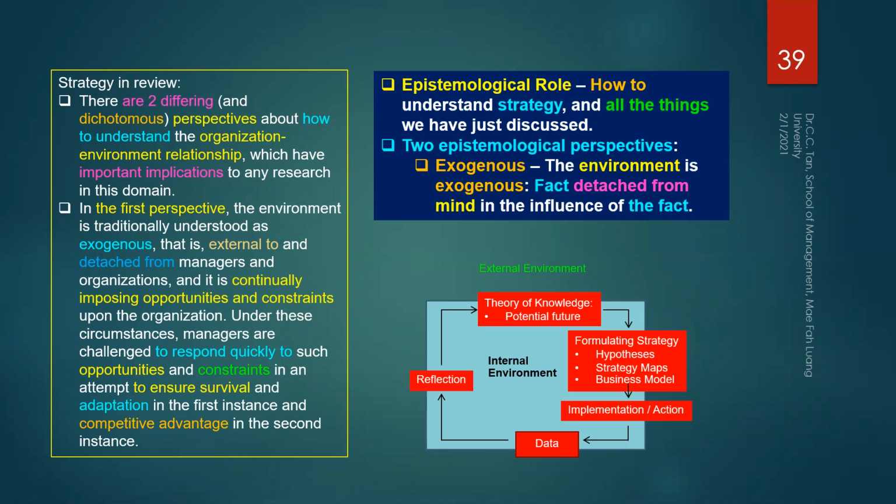So your relationship is an exogenous relationship with the ontological nature of reality. And exogenous means the environment. The environment is we and the environment. The environment is not what we can control. It is what it is.